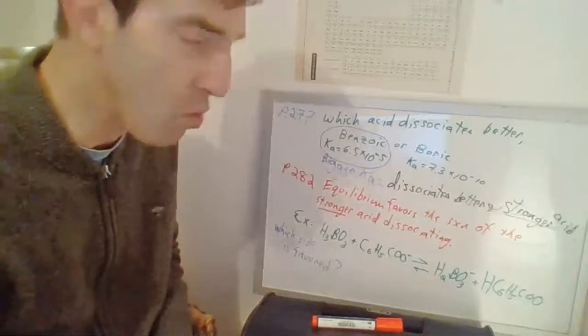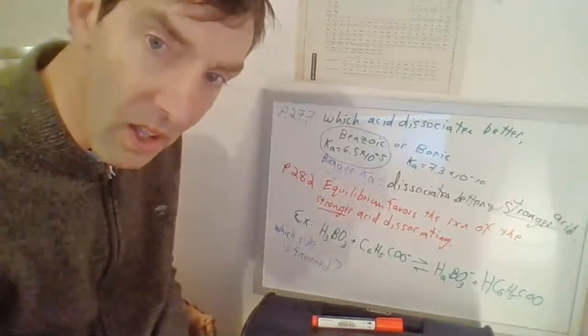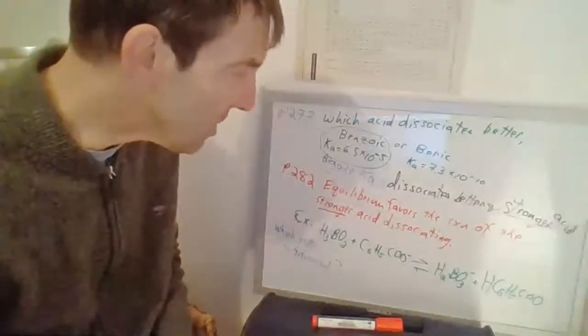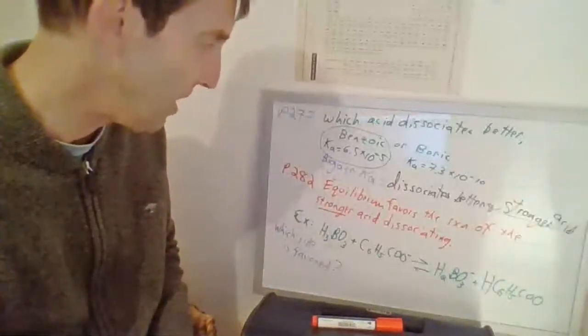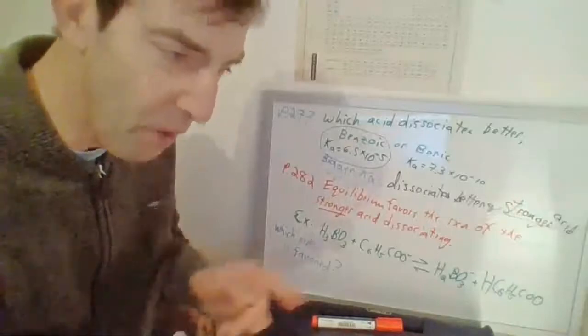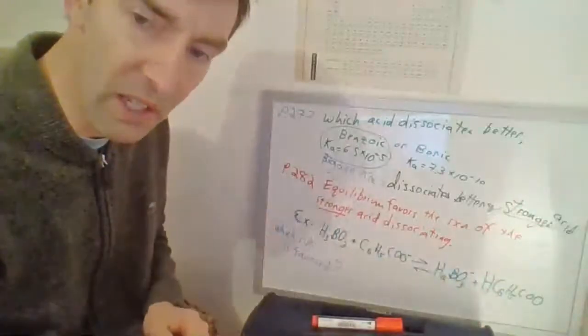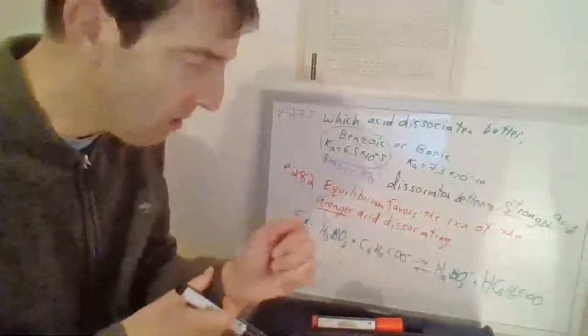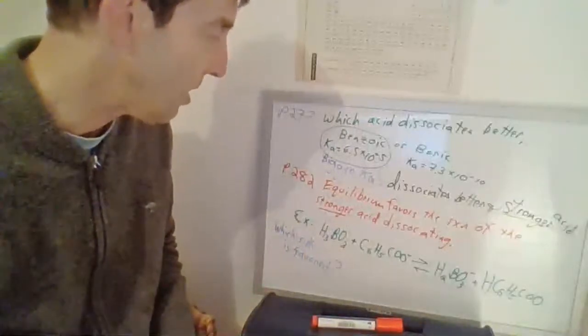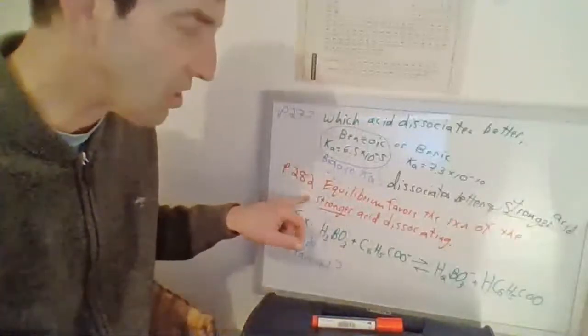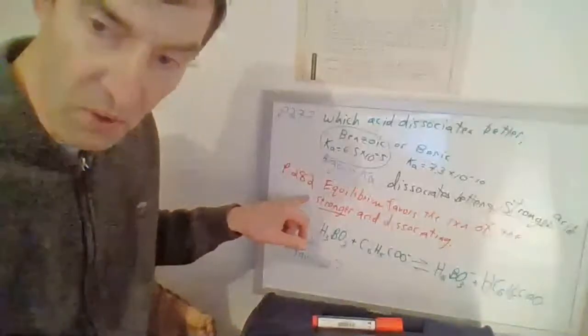And you know which one is stronger. So which side is the stronger one breaking up on? Is it breaking up going forward or going reverse? Is it breaking up going towards the products or reactants? The stronger acid dissociating is what is favored.